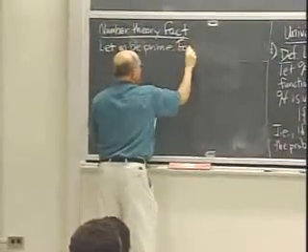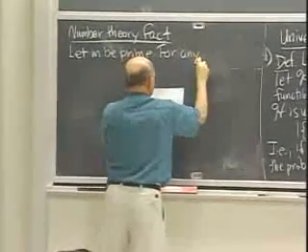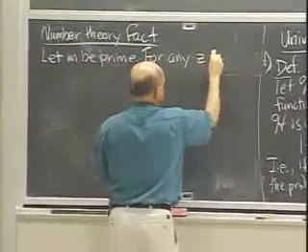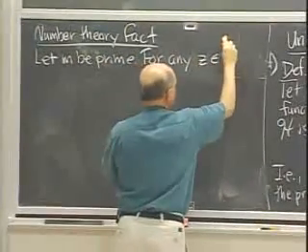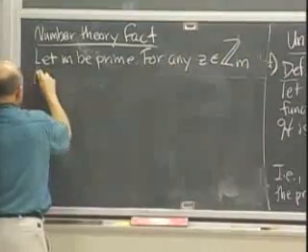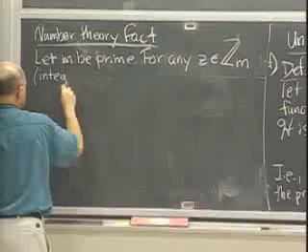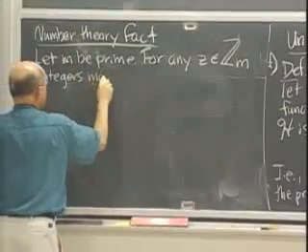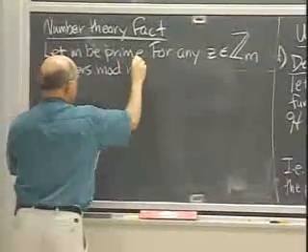Then for any z, little z, an element of Z sub m, and Z sub m is the integers mod m.